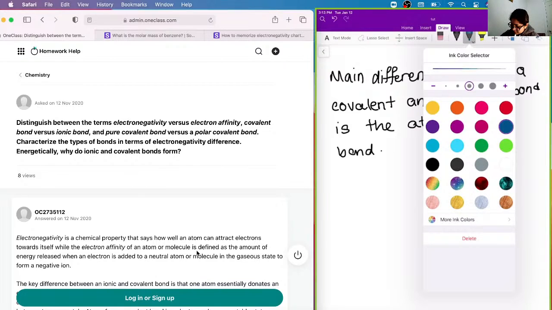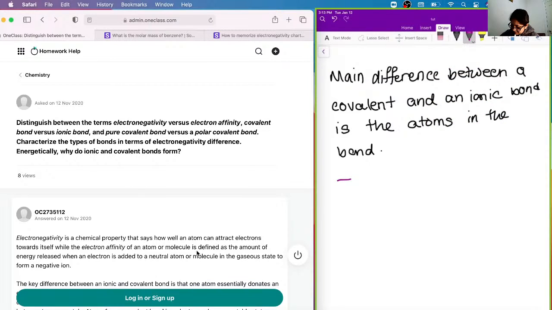let's first address an ionic bond. So for an ionic bond, we know that this is formed between a non-metal and a metal, right?